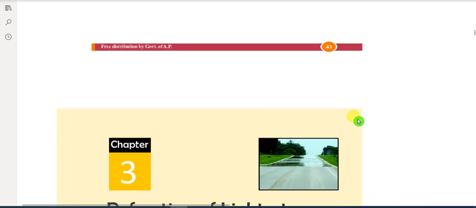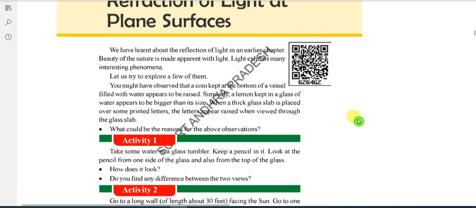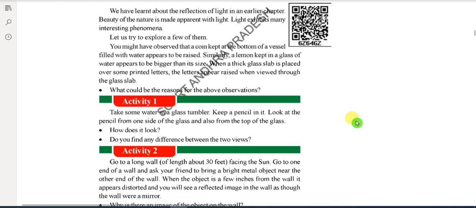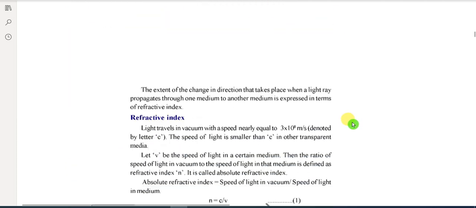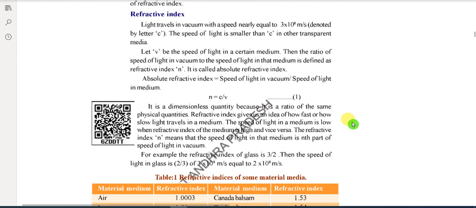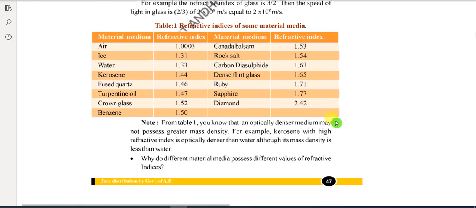Next, third lesson, refraction of light at plane surfaces. What is important? Refractive index, n equals c by v. Okay, table.